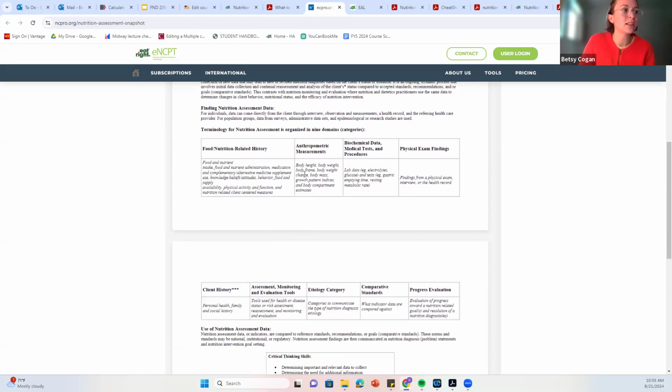This is specifically detailing for us what in this category is important to us as RDNs. So we want to look at weight, height, frame, BMI, changes in weight, body compartment assessments, etc. So this snapshot is really great as a guide to know exactly what we are looking for within each category of assessment.